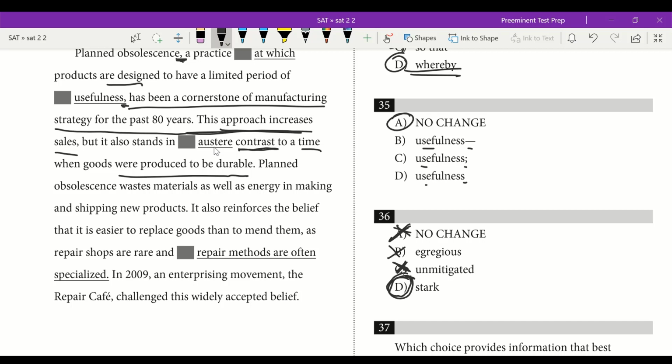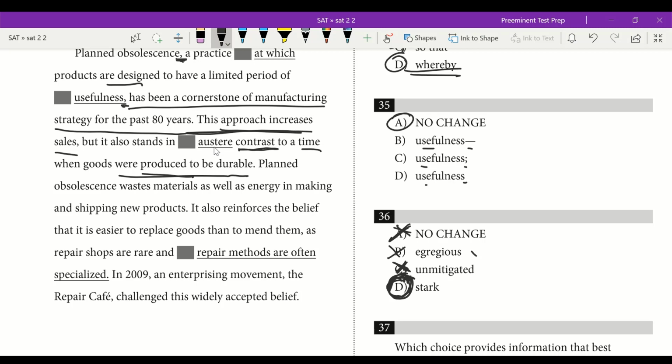So not only do I know my definition, and I know it works here when I read the sentence. So I can pick stark even if I don't know what austere means or egregious means. And I do know what egregious and austere mean. I just wanted to show you an example because I know there are going to be questions where you don't know what a word means, and you have to be able to deal with that and find the right answer.